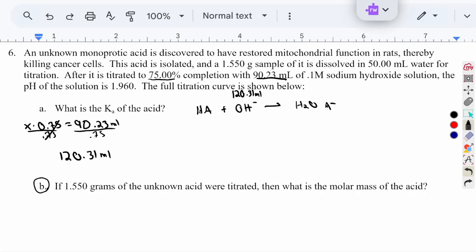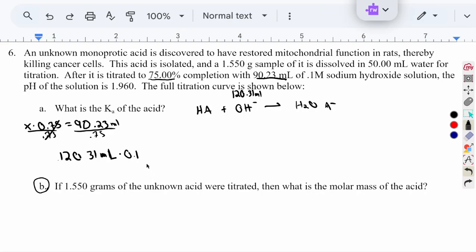So then let's just figure out, well, how many moles is that? And then we can figure out how many moles this is, right? So let's do that. So first let's convert to liters. So I'm going to move this decimal over 3 places. And so it's 0.12031 liters times the molarity of my base, which is 0.1.